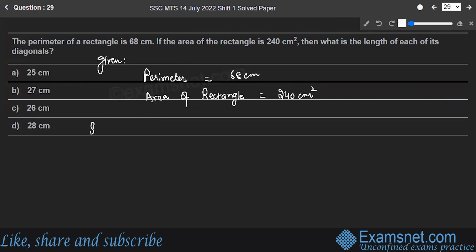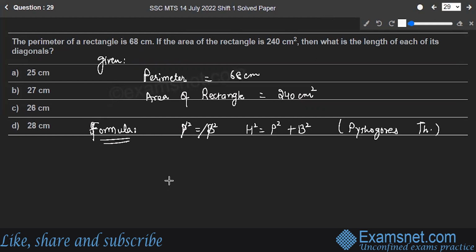Okay. So the formula is, according to the Pythagoras theorem, hypotenuse square is equal to perpendicular square plus base square. This is the Pythagoras theorem.